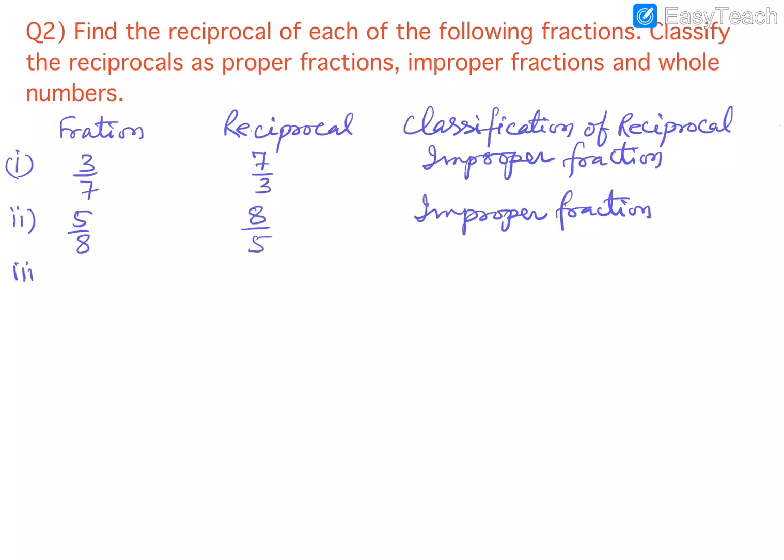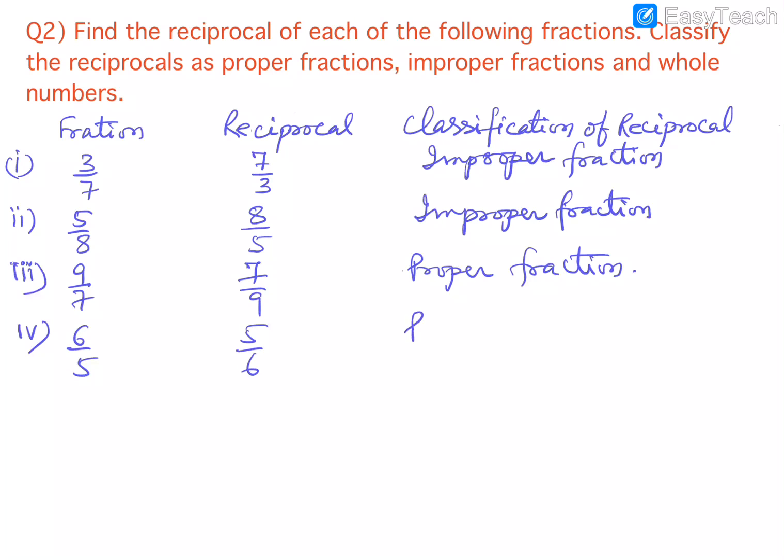In the third part, the fraction is 9 by 7, whose reciprocal will be 7 by 9. And since here the numerator is less than the denominator, this is a proper fraction. Fourth part, 6 by 5, whose reciprocal will be 5 by 6.